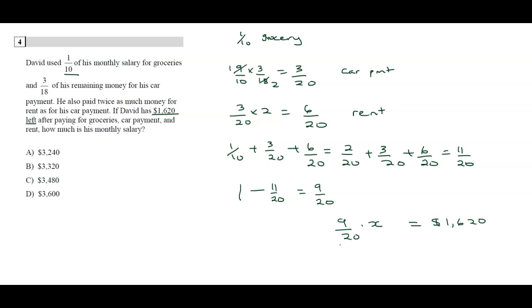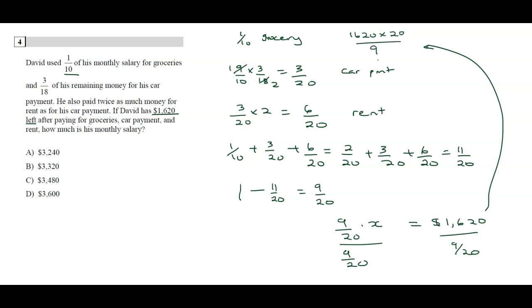To do that, we divide both sides by 9/20. So you have 1,620 times 20 divided by 9. This gives you 180 times 20, which is 3,600.